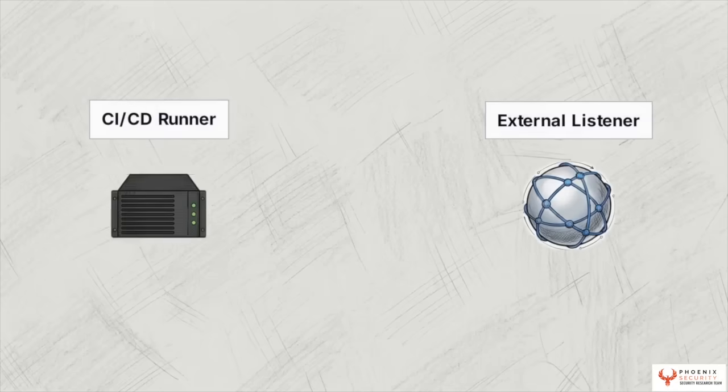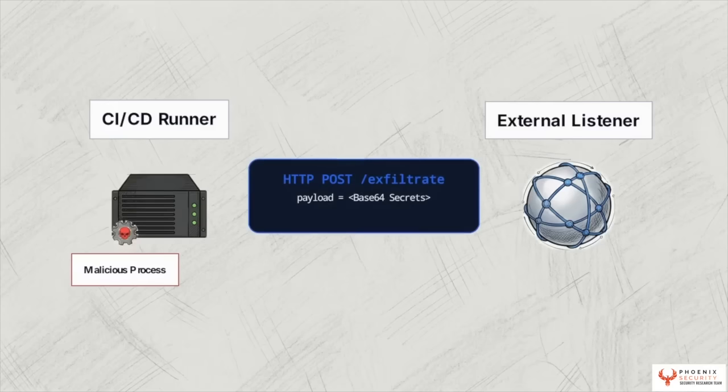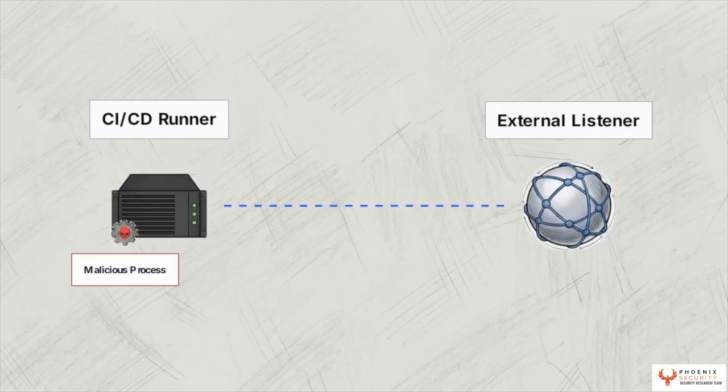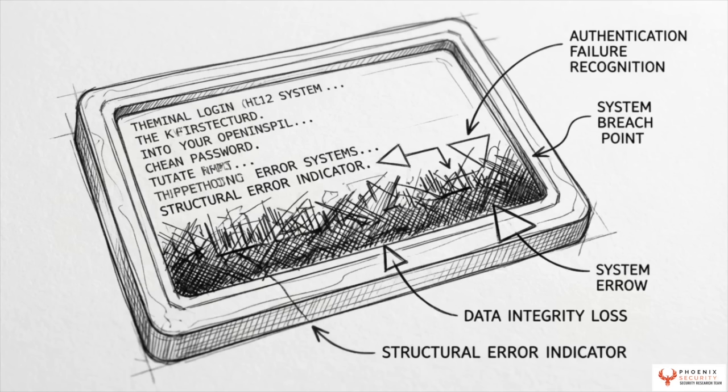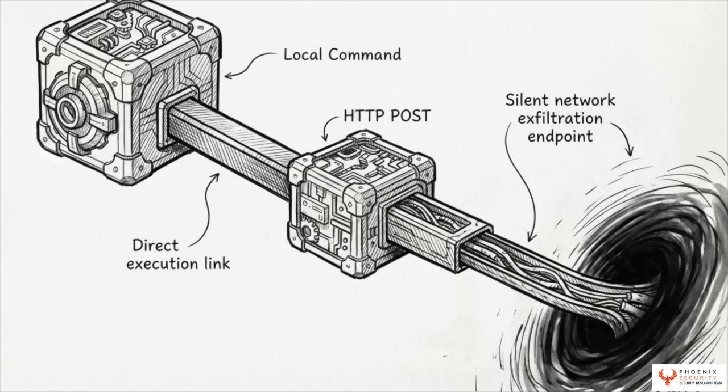This background process reads the runner's full environment, capturing cloud credentials, SSH keys, and deploy tokens, and transmits the data to an external listener controlled by the attacker. The CLI eventually recognizes the fake credential is invalid and prints an authentication error, but the post request has already completed. The exfiltration happens before the application processes the failure. A local command injection flaw becomes a silent, asynchronous network exfiltration engine.